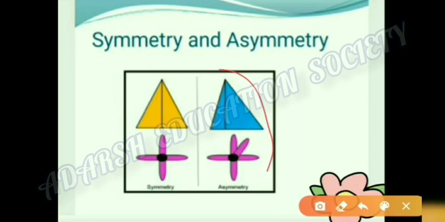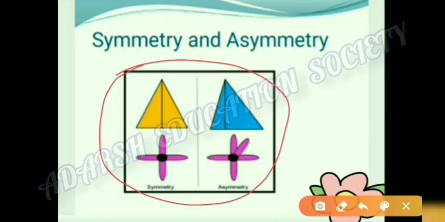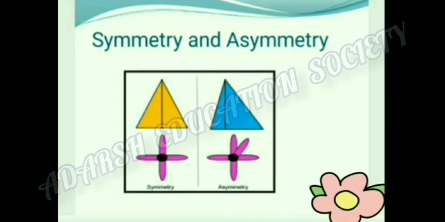Now in the second picture we can see the triangle and flower, but it's not cut into two equal parts. Okay, here you can see. So it is the example of asymmetry. In both pictures we can clearly see the concept of symmetry and asymmetry.